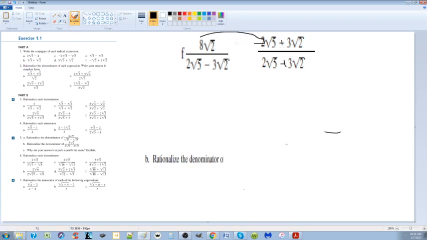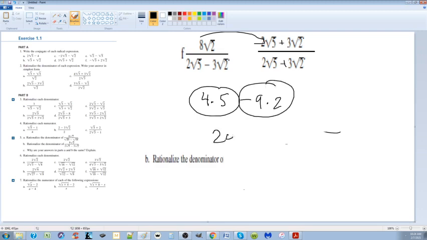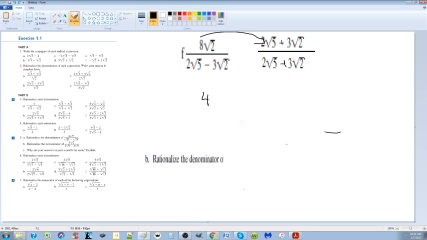8 times that, so the number times the number. Oh, what's the bottom going to become? It's simply going to become the square of the first number minus the square of the second number. 20 minus 18. 2. So our denominator is simply going to become 2. What's going to happen to our numerator? Multiply your whole number and your square root.